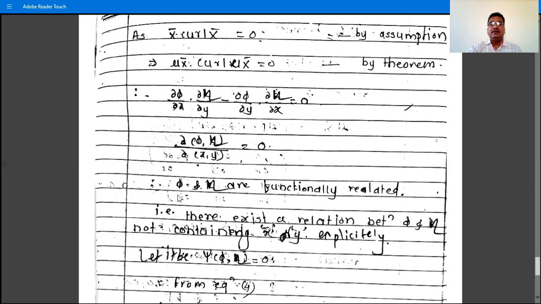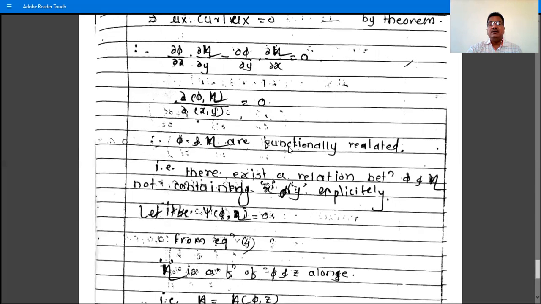And this is equal to 0, and therefore φ and ν are functionally related. That is, there exists a relation between φ and ν not containing x or y explicitly. So this is the theorem that if the Jacobian ∂(φ,ν)/∂(x,y) is 0, there is a relation between φ and ν not containing x or y explicitly.